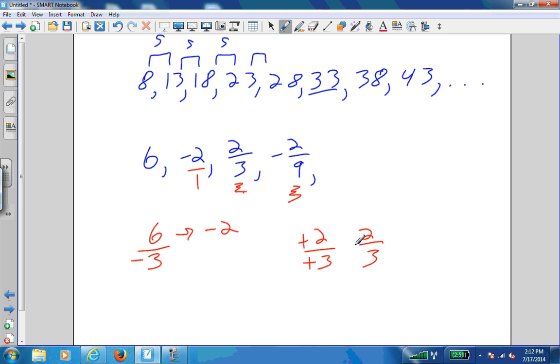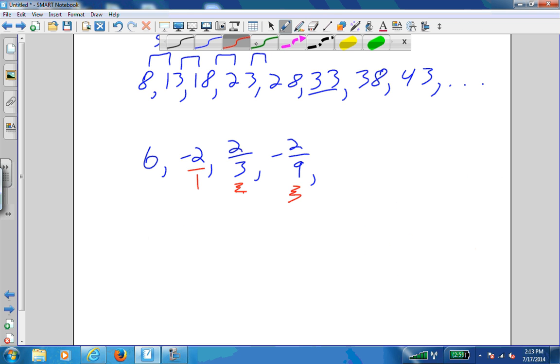If we take 2/3 and divide by negative 3, or rather, 2/3 times negative 1/3, positive times a negative gives us negative 2/9. So to get from one step to the next, you can look at it as either dividing by negative 3 or as multiplying by negative 1/3.